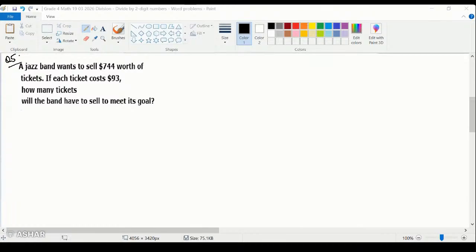A jazz band wants to sell $744 worth of tickets if each ticket is $93, right? So how many tickets would they need to sell? So can we say 744 is to be divided by the cost of each ticket, that was $93.